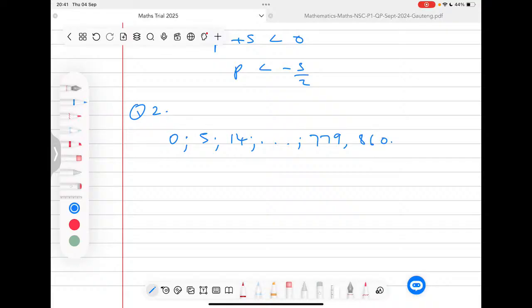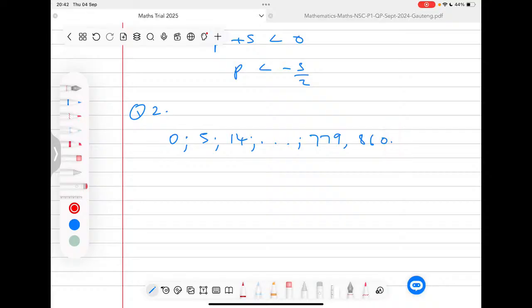There are a couple of things we have to look at when we study this sequence. One, this is a sequence, and we are told it is a quadratic sequence. Secondly, this type of sequence is a finite sequence. A finite sequence simply means that it has a last term, it ends exactly here.